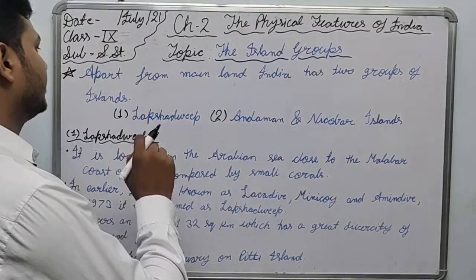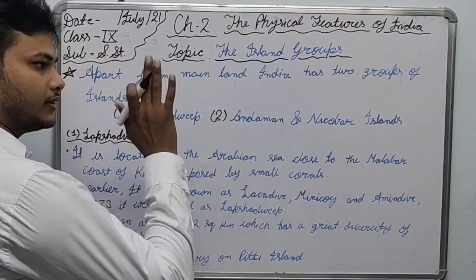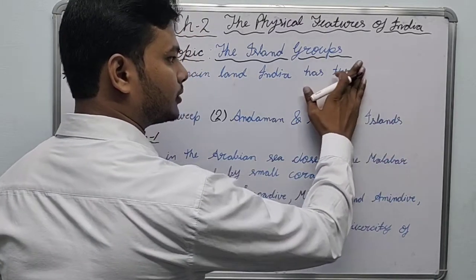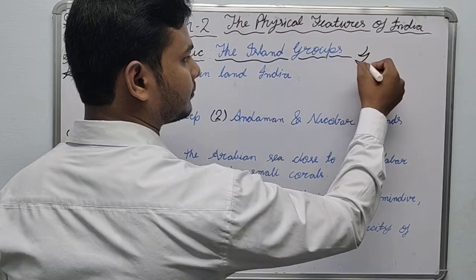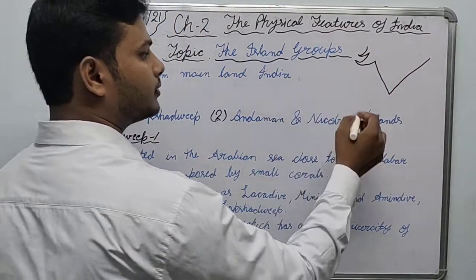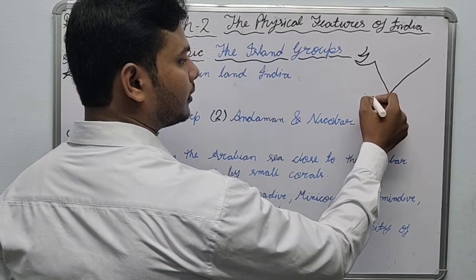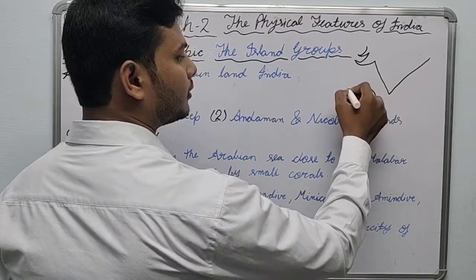Look, I hope you have read this. Apart from the mainland, India has two groups of islands. Okay, so let me erase this because I want to explain something. Look, this is the mainland of India. Apart from this, here is a group of small islands known as Lakshadweep.